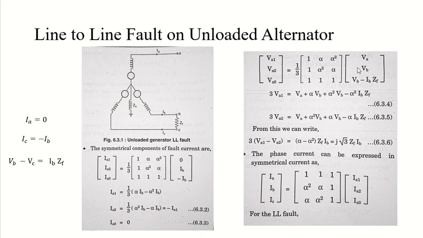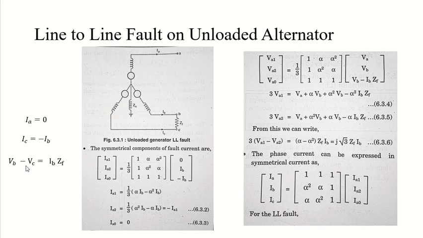We know there will be some value of VA and VB, but what will be the value of VC? It will be VB minus IB into ZF, the potential difference between these two. You're trying to find the value of VC, right? So make VC the subject here, so it will be VB minus IB into ZF. Very much clear.